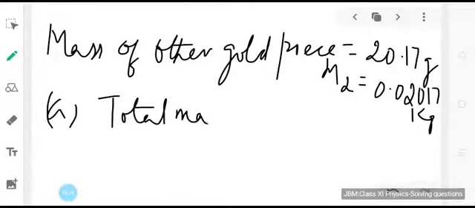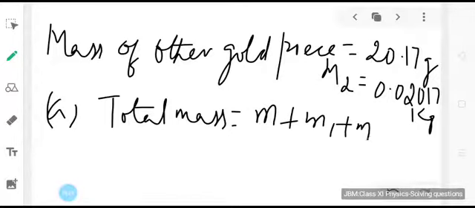total mass, that will be equal to mass of the box plus mass of the gold pieces.